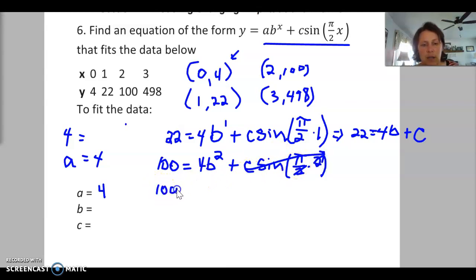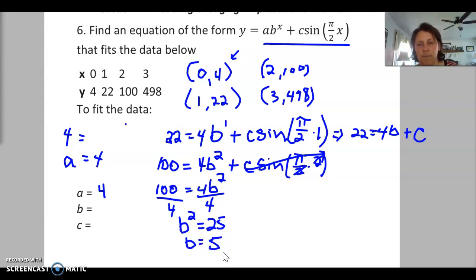So we get 100 equals 4b squared, and so b squared would equal 25, and then b would equal 5, and that would be plus or minus 5.